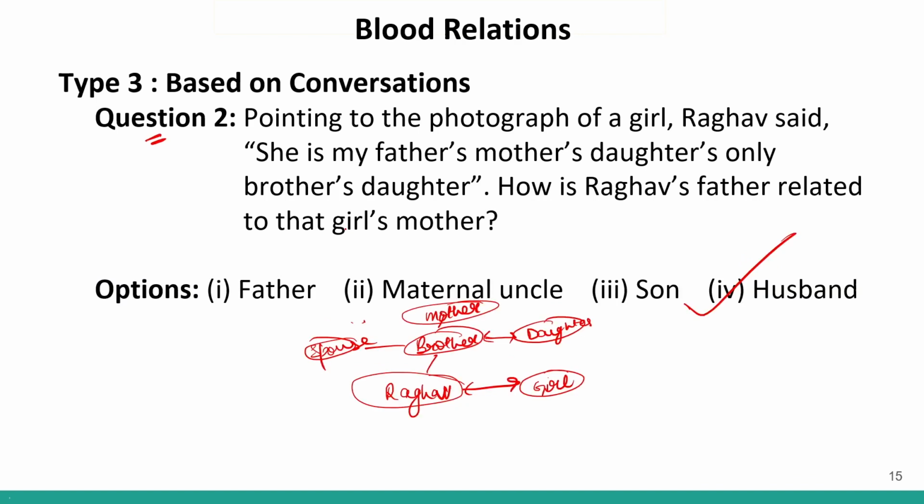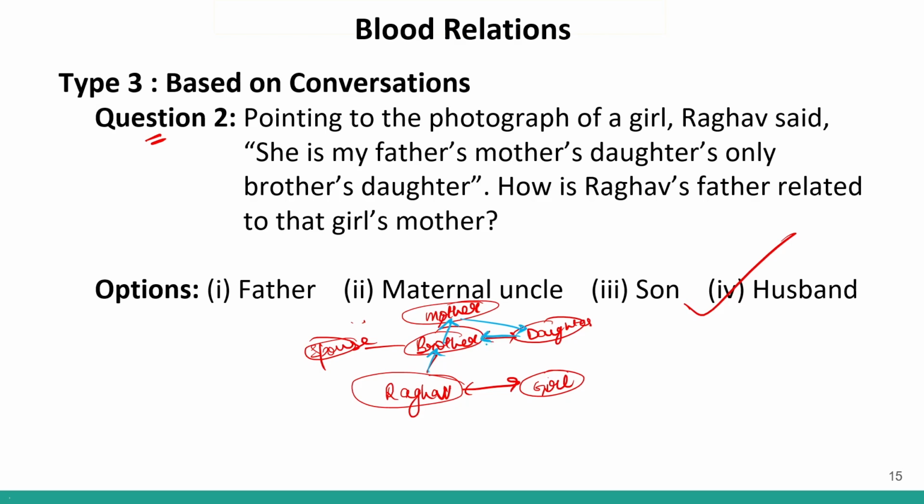Okay. So if you look at this chart, this is Raghav's father. Mother's daughters, so siblings. Only brother means back to Raghav's father.